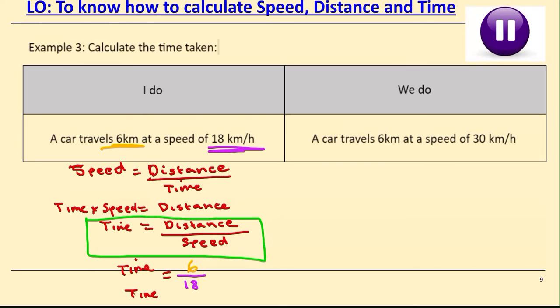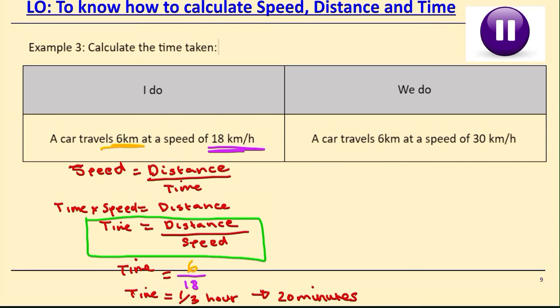And what we get is 1/3 of an hour, and that is our answer. You can convert that into minutes, and what you would get is 20 minutes. So the car took 20 minutes to travel.